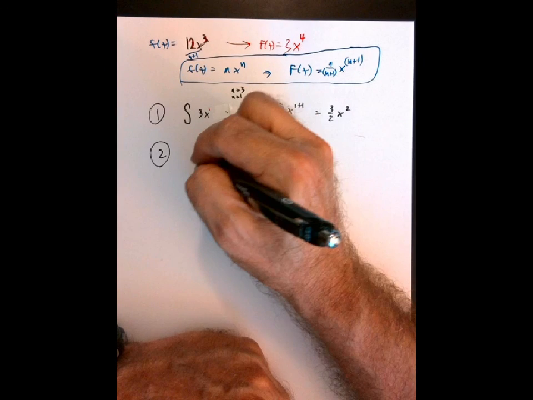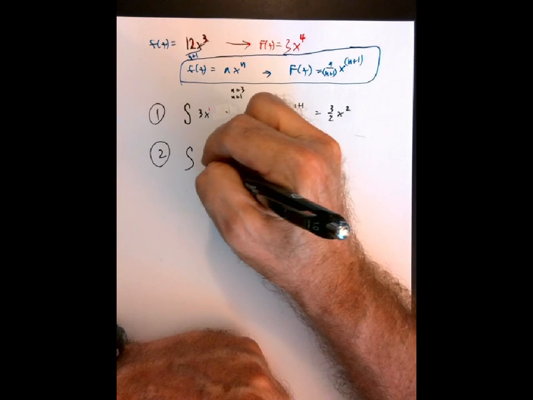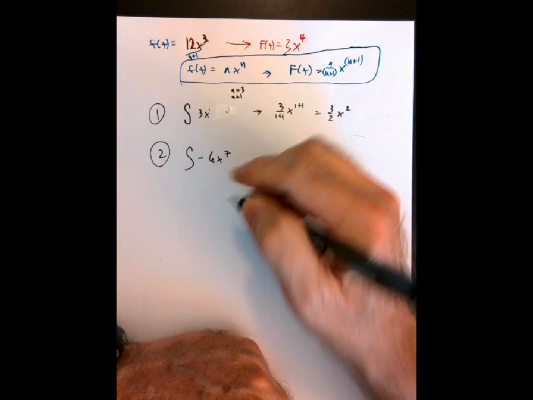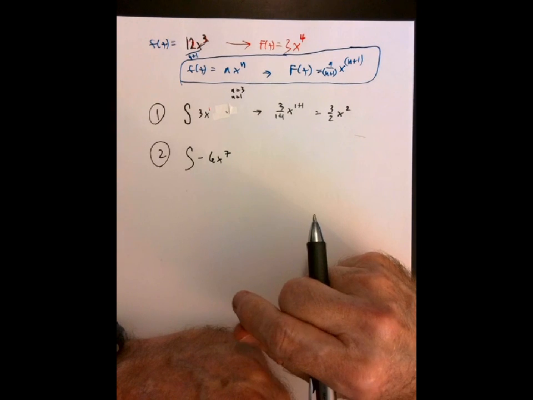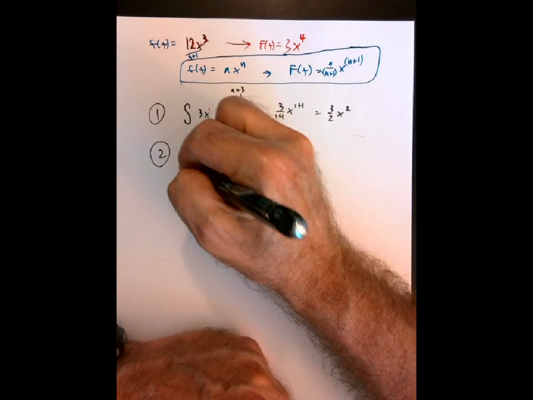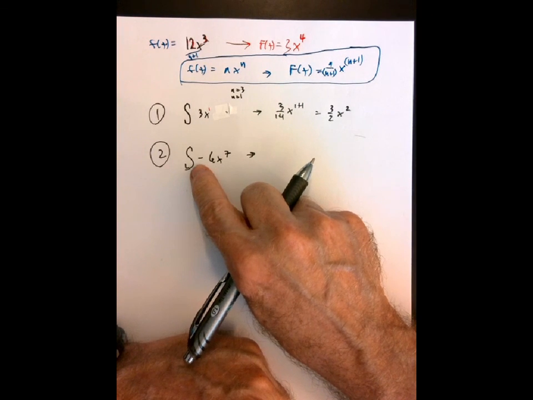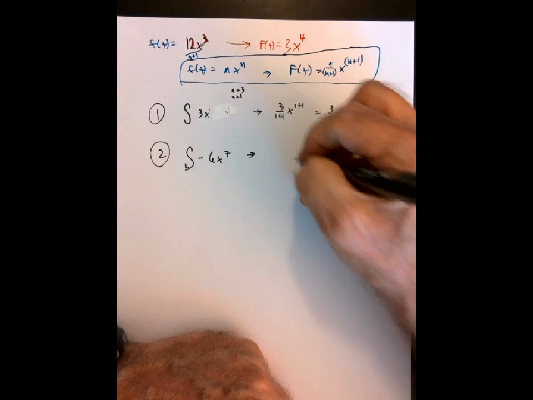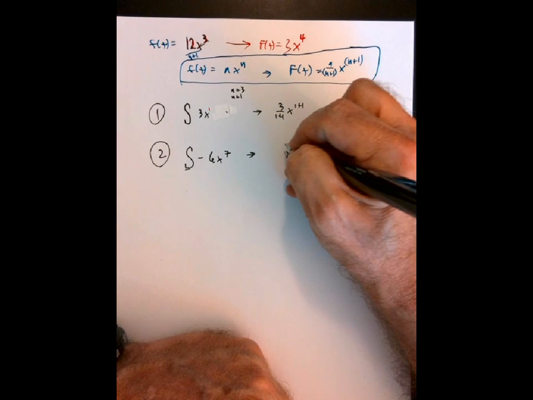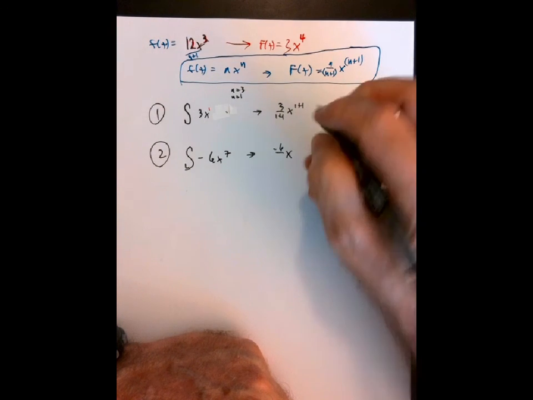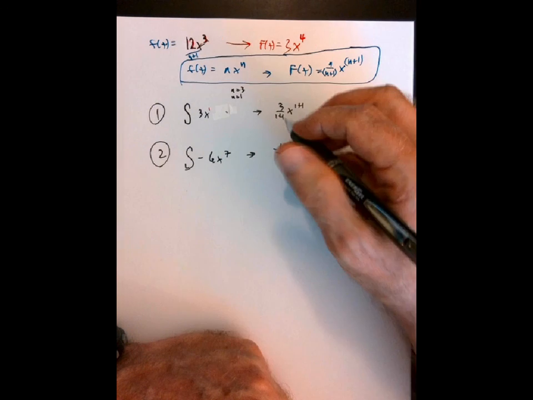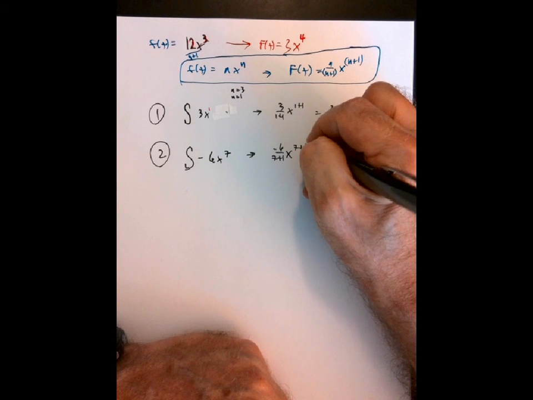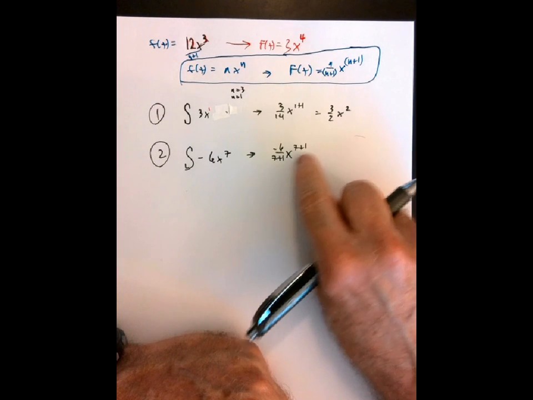How about this one here? How about negative 6x to the 7th? Okay, so the antiderivative, and again, this weird little S means find the antiderivative. Negative 6x to the 7th power, you see here that the n is 7, so 7 plus 1 in both spots, right?